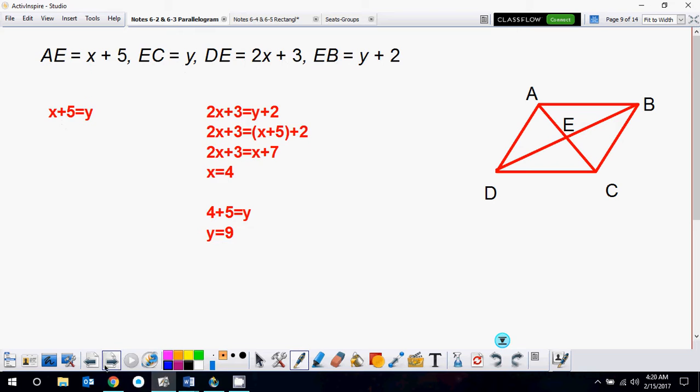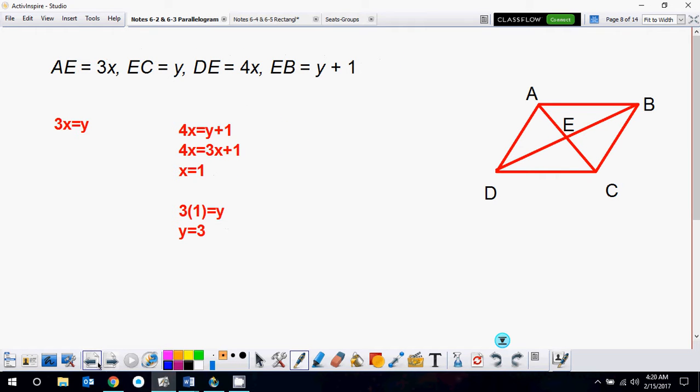Alright, the next two are going to be using the properties of the diagonals, and we're going to practice these next time as well. So remember that the diagonals bisect each other, so that means you're going to have two sets of lengths that are equal to each other.